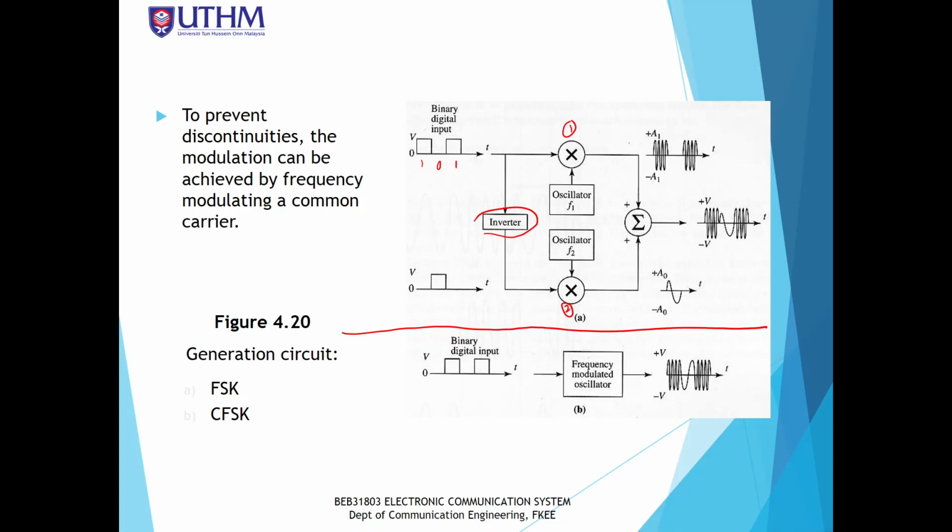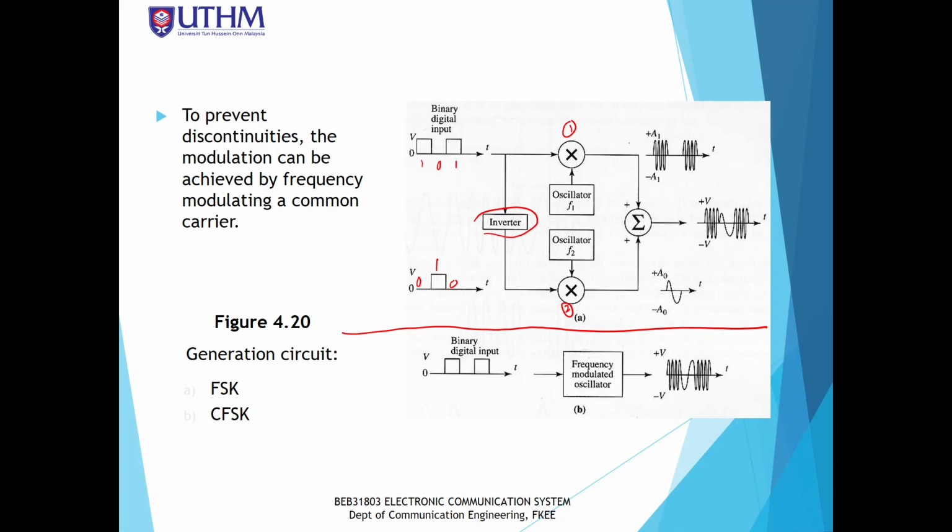So whenever the input is logic 1 it will be inverted to logic 0, input logic 0 inverted to logic 1, input logic 1 inverted to logic 0. This is supplied to the second balance modulator.